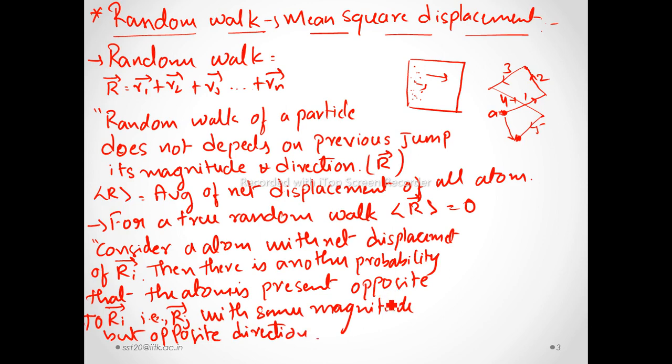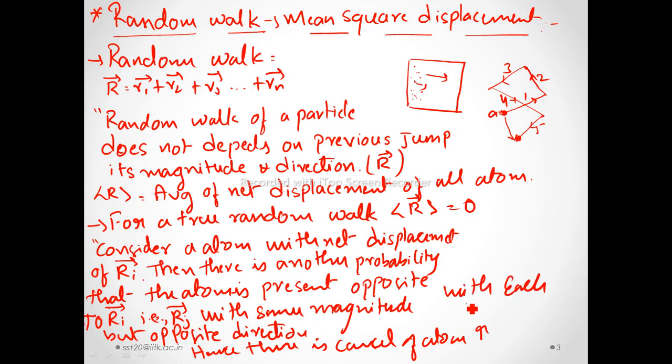Hence, there is a cancellation of atoms with each other. That's why the average is 0.